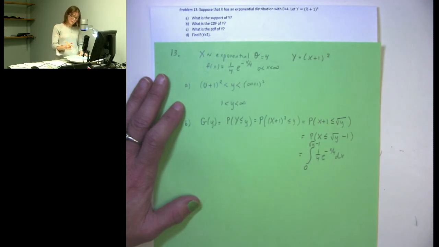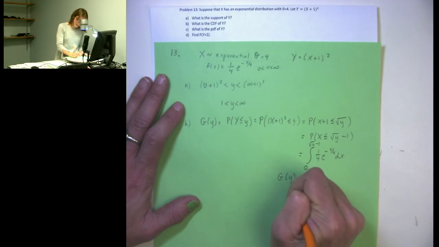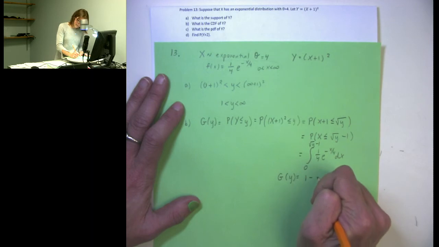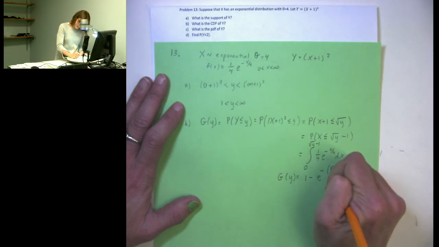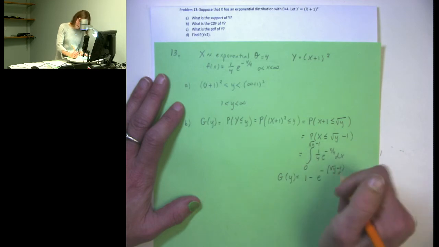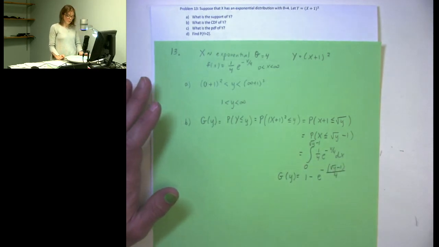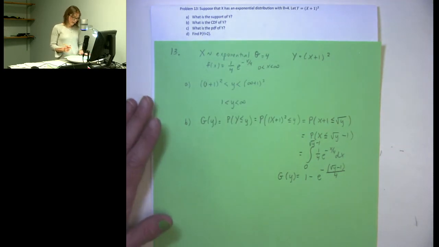And so if I go through and do my integration, what I find is that my cumulative distribution of y, capital G of y, is equal to 1 minus e to the minus (square root of y minus 1) over 4. So there's my cumulative distribution function of y, using the distribution function technique to find that.